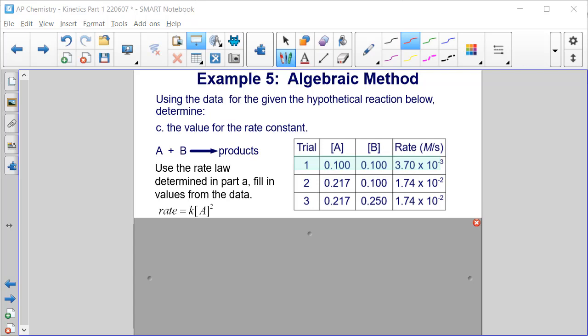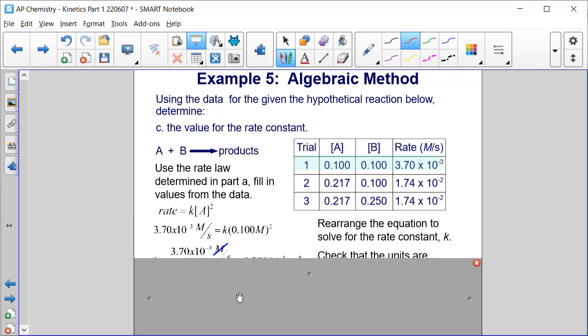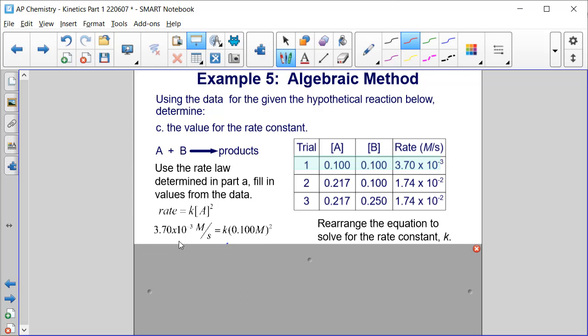All right, in part C, we're asked to find the value for the rate constant K. So I take the rate law determined in part A, rate equals K times concentration of A squared, and fill in some values from the data. I'm going to just choose trial 1 here. It really doesn't matter. 3.70 times 10 to the minus 3 molarity per second equals K times the concentration of A, 0.100 molar squared.